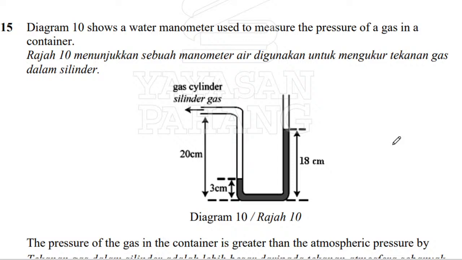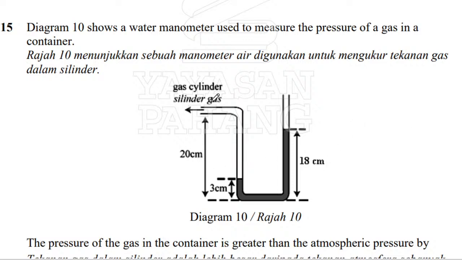So what is the difference between atmospheric pressure and gas pressure? Do they have a difference or not? When we say gas pressure, it refers to the gas normally in a container, just like this question.